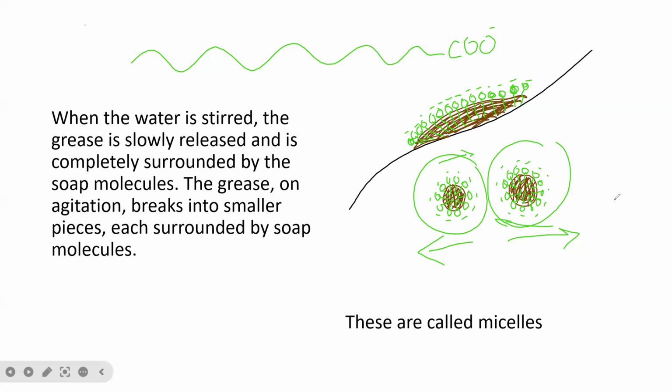But if you have enough soap, then of course it is going to remove the entire grease eventually. Sometimes you just need to agitate some more so that the soap molecules will reach deeper layers of the grease or oil stain. All right.